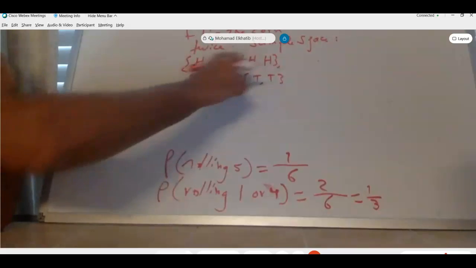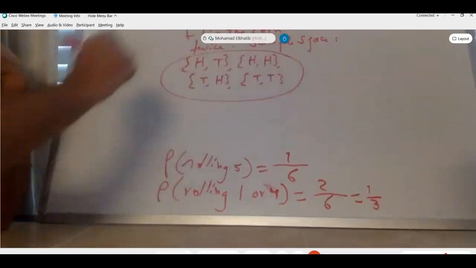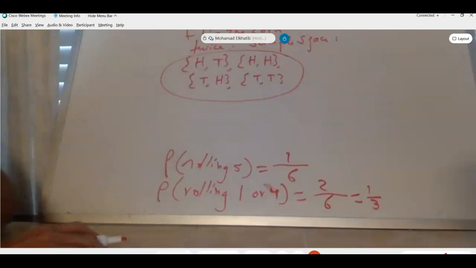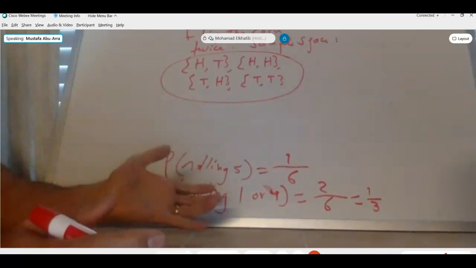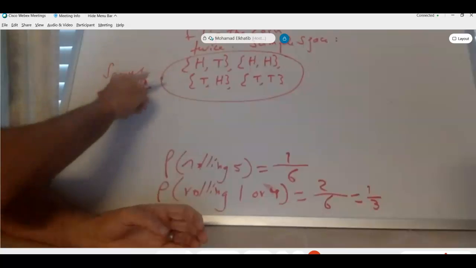Or I might get both of them tails. Can you think of any order that I did not put over here? No. So that means that's my total sample space. That's called my sample space. Means every single thing I'm going to expect.